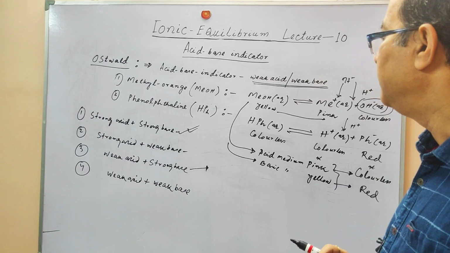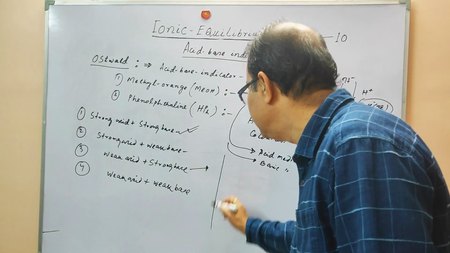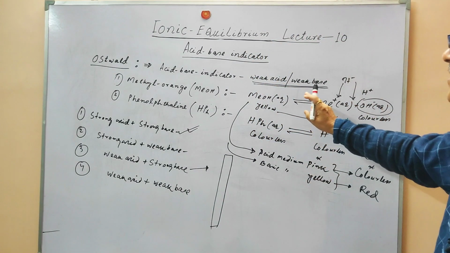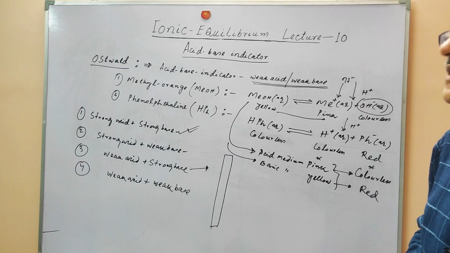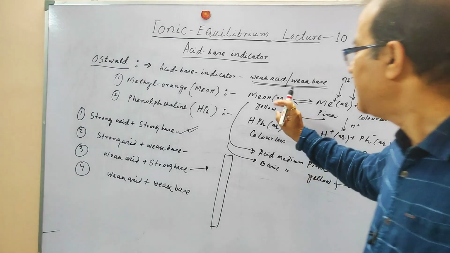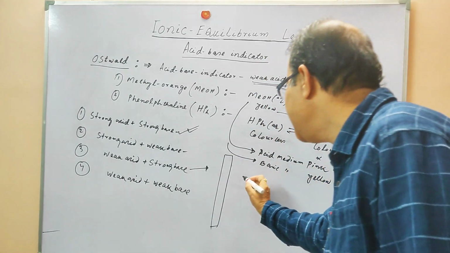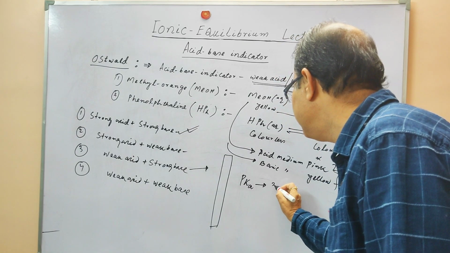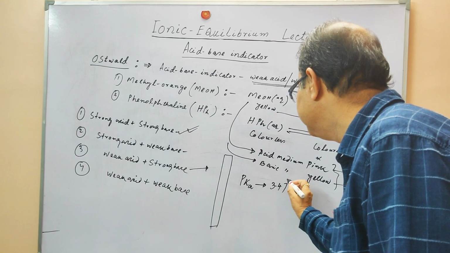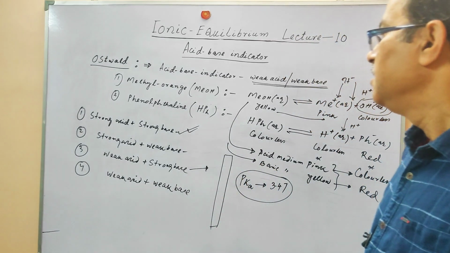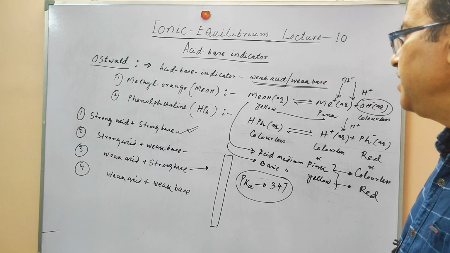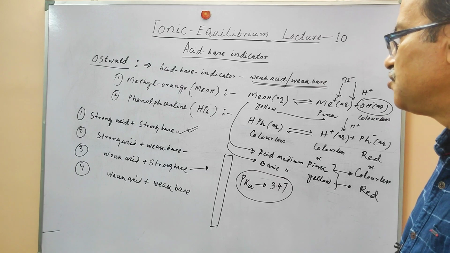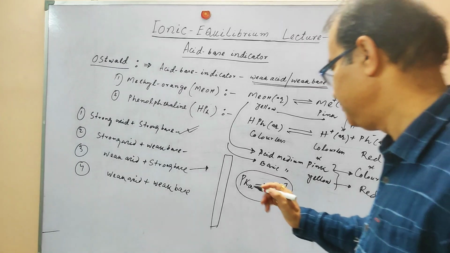For this, we have to see the pK value of the acid and base. For methyl orange, its pK value is around 3.47. So it will be used when there is a strong acid and weak base.